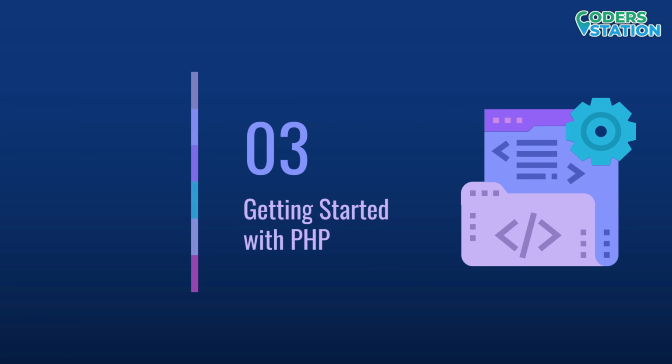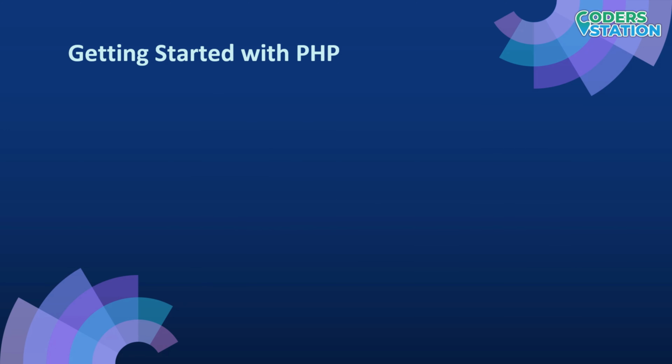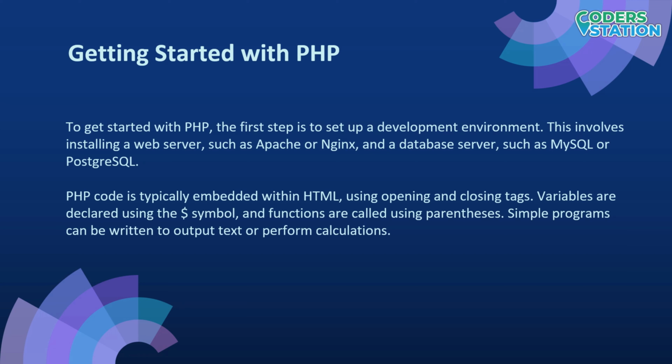Let's dive into the tools required to develop a PHP program. To get started with PHP, the first step is to set up a development environment. As we all know, for any language we choose, we require an IDE to work with. This involves installing a web server such as Apache and a database server such as MySQL. Once these are installed, you can install PHP and start writing code.